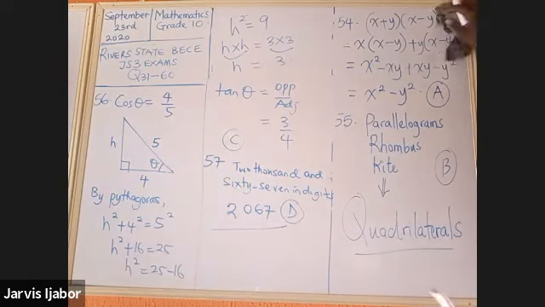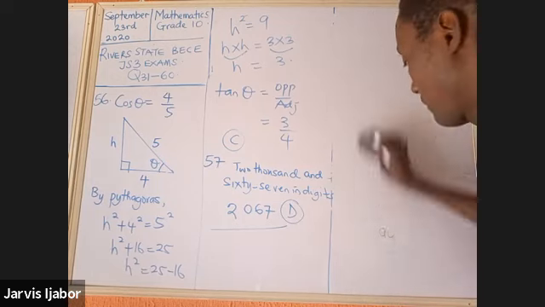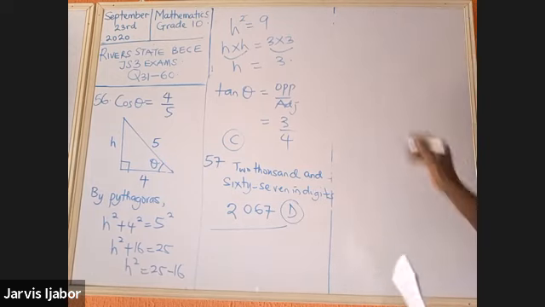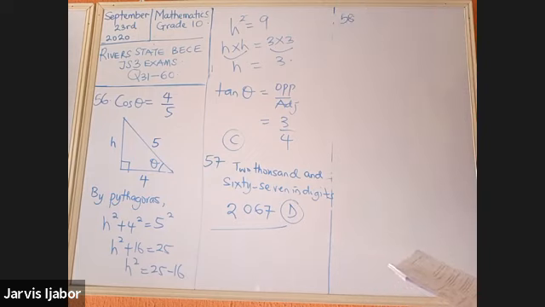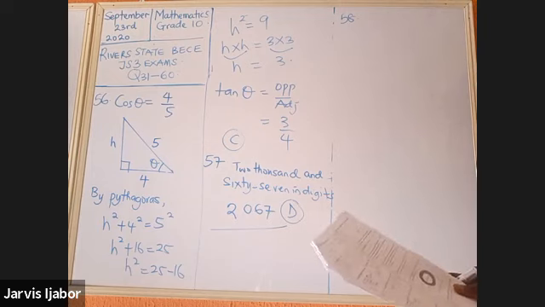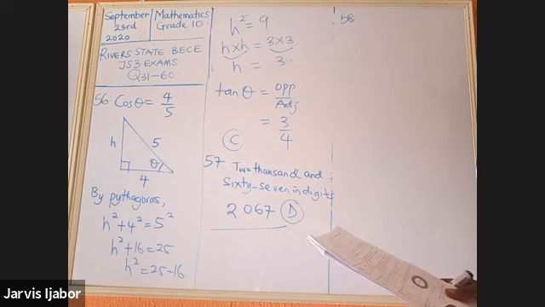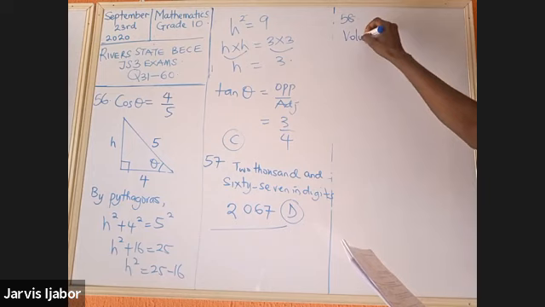So what about 58? Question 58. Calculate the volume of a rectangular box which measures 5 meters by 2 meters by 2.5 meters. What is volume?